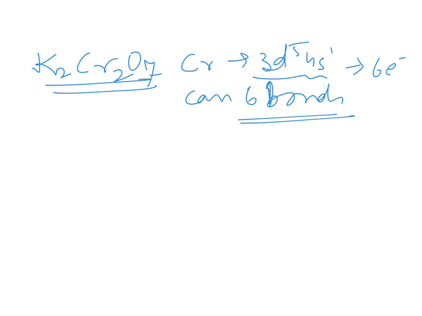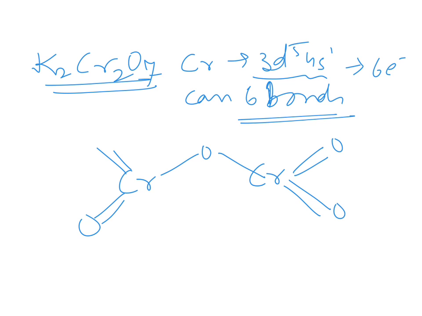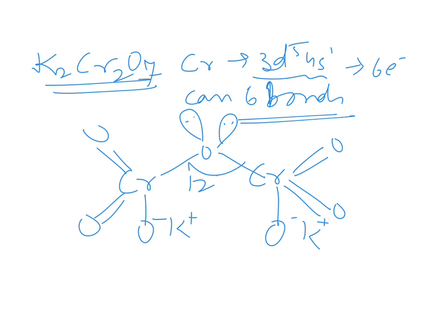So if you want to draw the structure, you can write 2 chromium atoms with a bridging oxygen like this, then 2 double-bonded O here and 2 double-bonded O here for chromium. Along with it you can write the K+. So this is K2Cr2O7. This bridging oxygen has lone pairs of electrons, and the angle is 126 degrees.